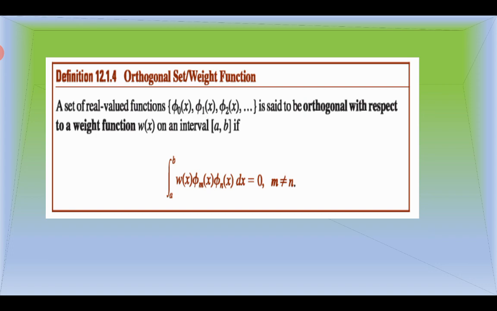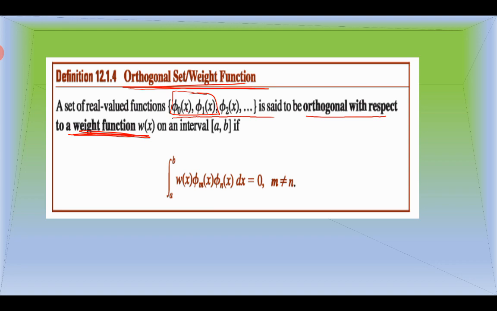Now, orthogonal set with respect to a weight function. We have a set of real valued functions, phi 0, phi 1, phi 2, phi 3 and so on. We want to say this set is orthogonal with respect to another function w of x. So they have to be pairwise orthogonal.